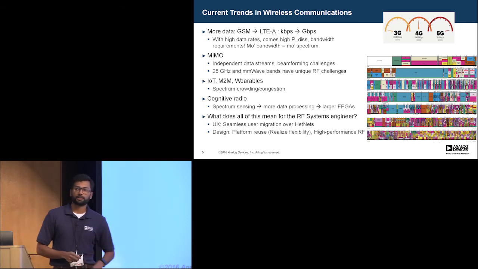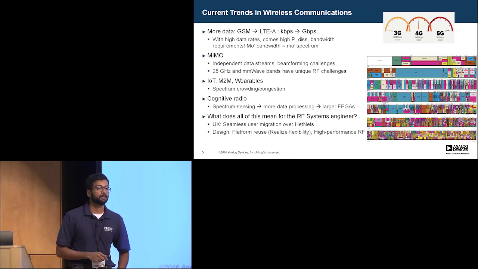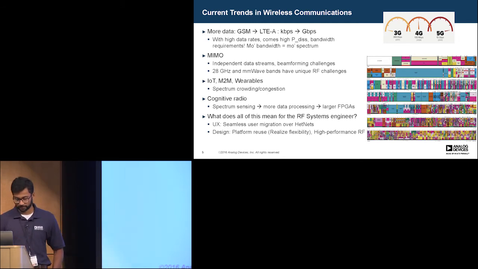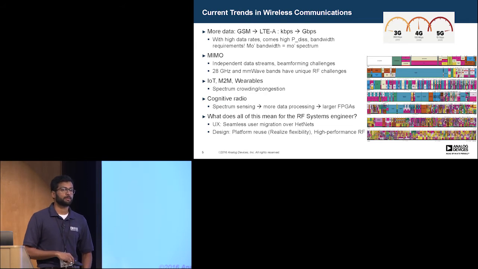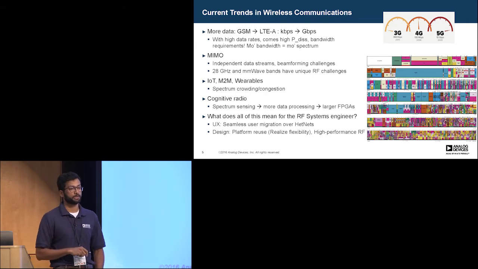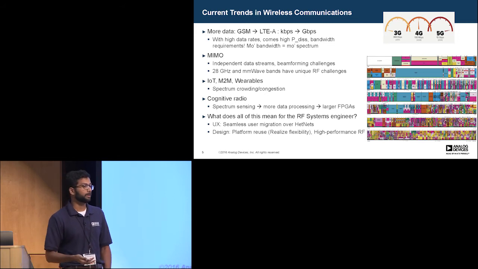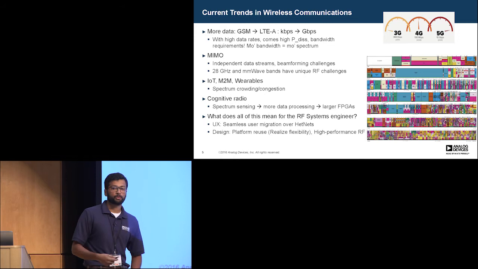Now, moving on to current trends in wireless comms, clearly everyone wants more data. You want to push more data through the air. For comparison, you take GSM or EDGE, you're in the kilobits per second, but now with LTE Advanced or true 4G, you want hundreds of gigabits per second. And this drives demand for more bandwidth, that is more RF bandwidth, not just the digital throughput, which means more spectrum.